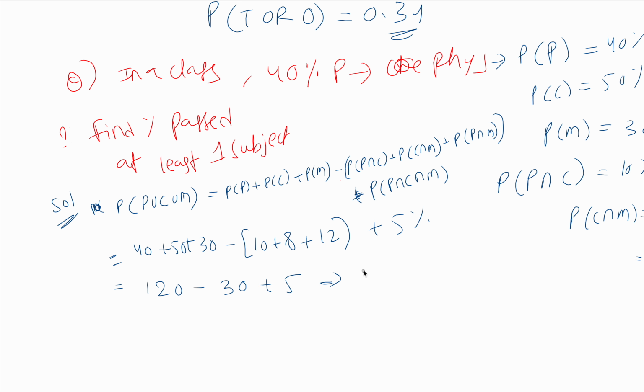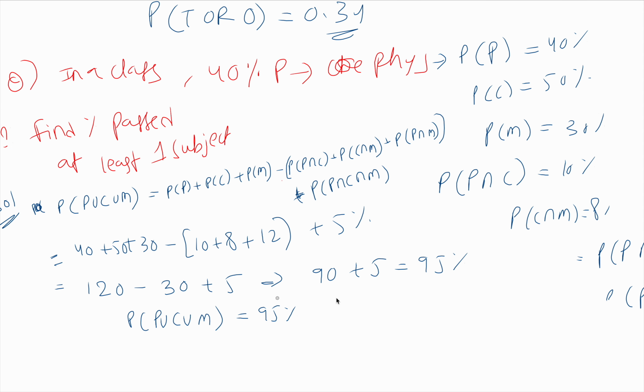We get 120 minus 30, that is 90, plus 5 is equal to 95%. So the probability of physics, chemistry or maths is 95%, which is the required answer.